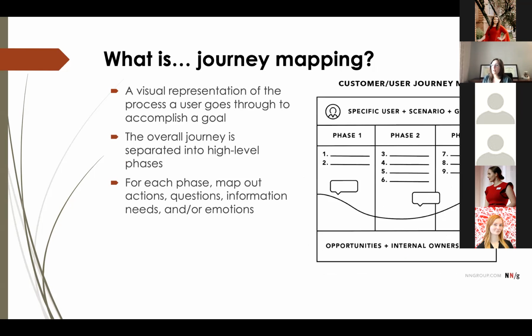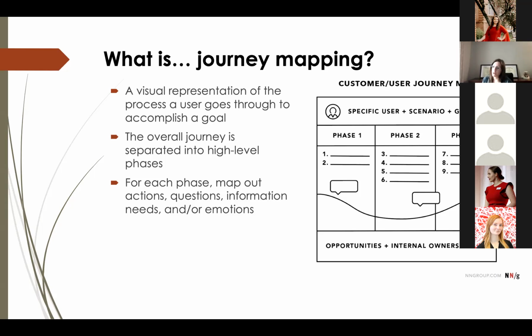Journey mapping. Journey mapping will come into play very much in what we'll look at today. It's a visual representation of the process the user goes through to accomplish a specific goal or to work with a product in general. So it's targeted towards a specific user or persona, and it'll break out the overall journey, which might be for an entire product or on a slightly smaller scale, into specific high-level phases from beginning to end.